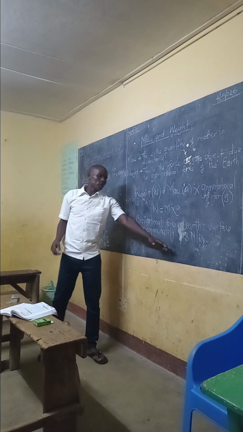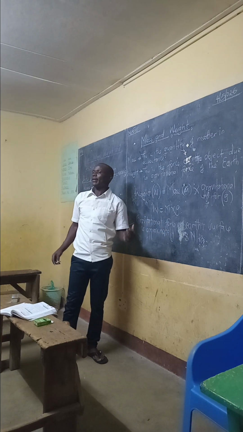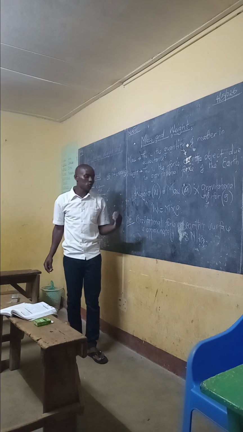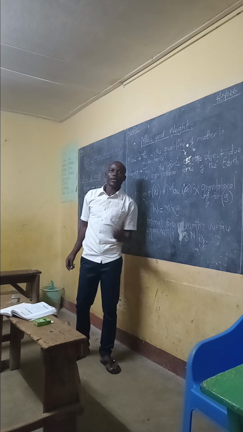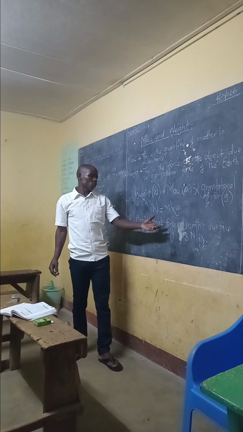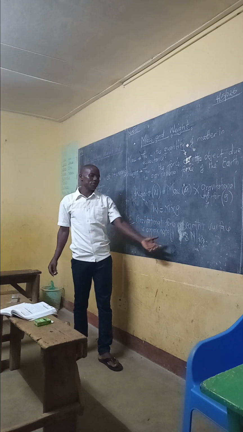So they usually give it as 9.8 or 10. That is the value that is supposed to be known because it is a constant. So the gravitational force on Earth's surface is approximately this.